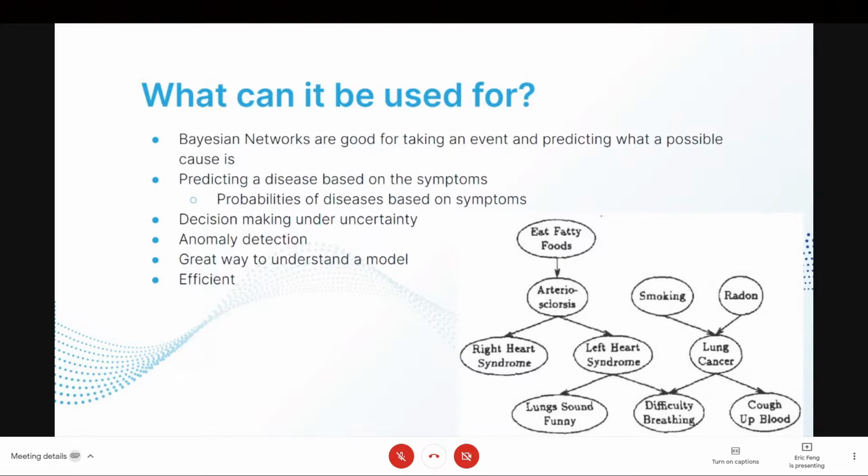And this leads us to our next point, decision making under uncertainty. Of course, when we input symptoms into a model, we're not sure of the patient actually having that certain disease. As you can see, difficulty breathing is a symptom of both left heart syndrome and lung cancer. So what a Bayesian network can do is give us a range of possibilities.